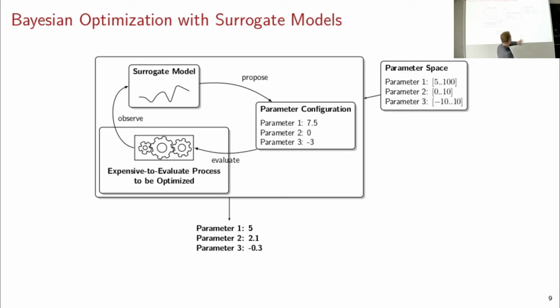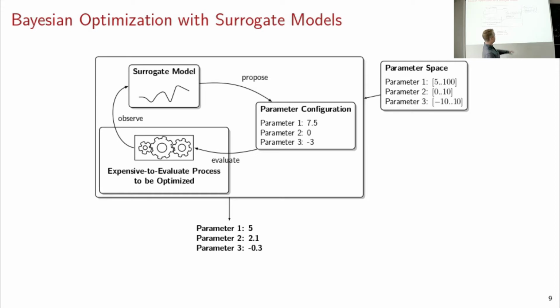So here is how the different pieces work together. You have a process that we want to optimize. In our case, this is the actual physical experiment of taking the precursor material, shooting a laser at it, and then measuring the result. Or this could be an AutoML system that is training some kind of model to predict, I don't know, house prices or something like that, and is evaluated.